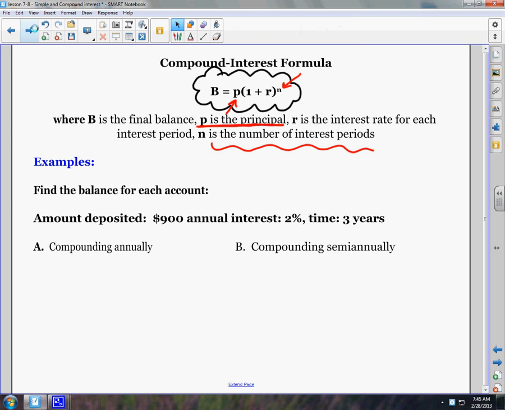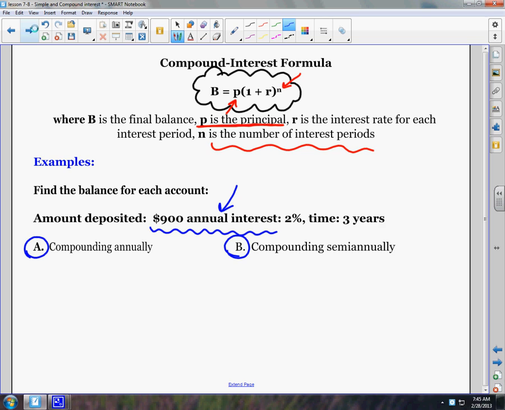Now, it's not as simple as simple interest, so I'm going to show you how to do these two problems. Okay, so amount deposited. You're going to deposit $900, annual interest rate. Now this can be compounded annually or semi-annually. If you see from our two examples from A and from B, banks have different ways of compounding interest, and you'll see which one is the better deal.